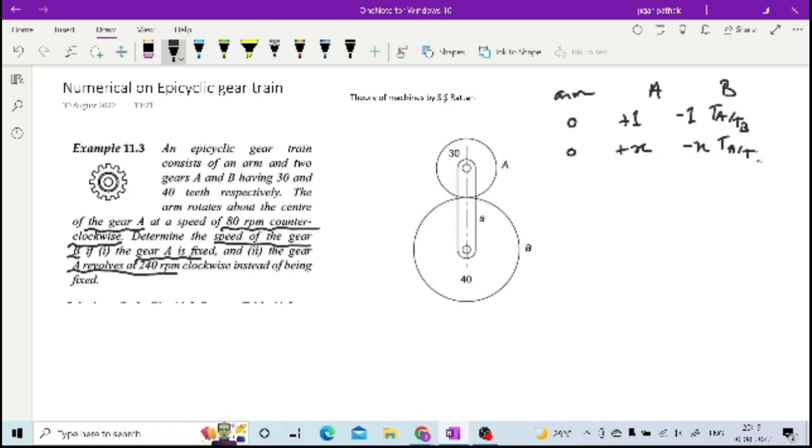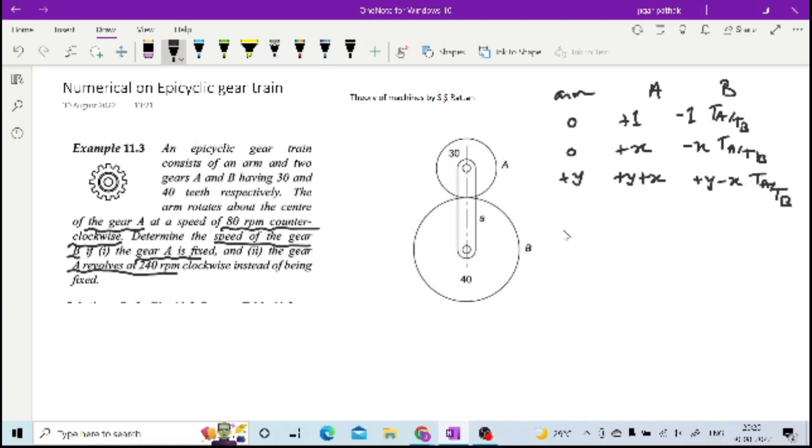We can put the values of TA and TB. Then at the end, +y plus x, and then +y minus x into TA by TB.